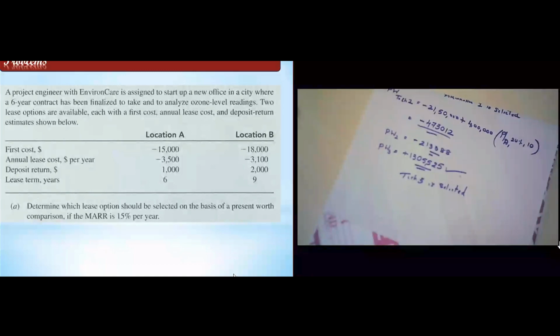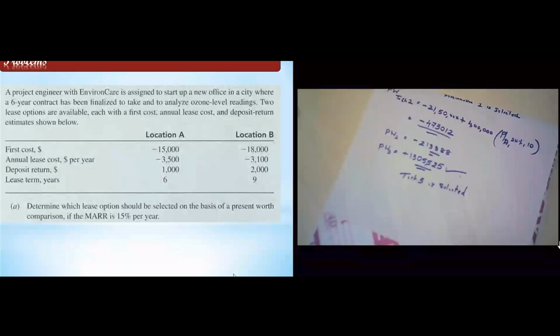The LCM method is, we will be taking the LCM, that is the least common multiple, of 6 and 9 for this numerical, and for that LCM period we will be analyzing. Now, what is the LCM of 6 and 9? It is 18.